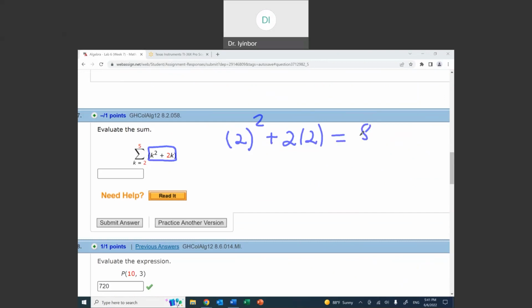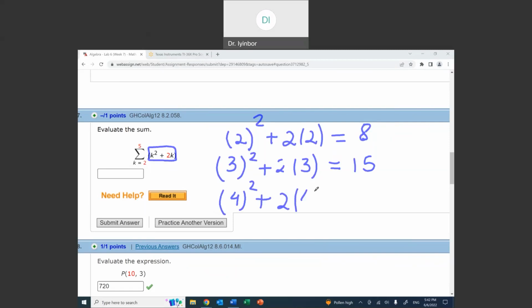Then you replace k with 3. 3 squared plus 2 times 3. So that's 9 plus 6, 15. Then you replace it with 4. 4 squared plus 2 times 4.